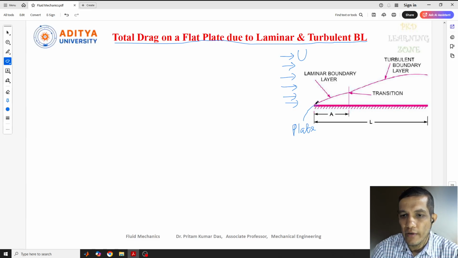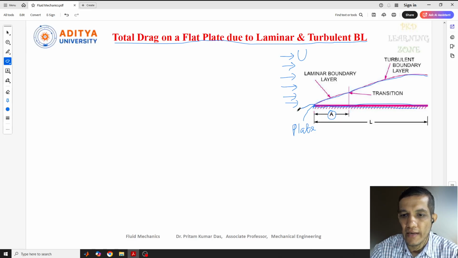As we have already seen previously, there will be a boundary layer formation, and in the boundary layer formation we have the categories of laminar and transition turbulent, and that is due to the Reynolds number and the value of x, which is nothing but the distance from the leading edge.